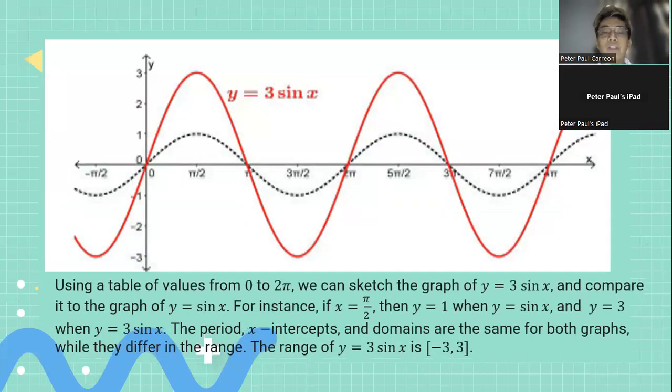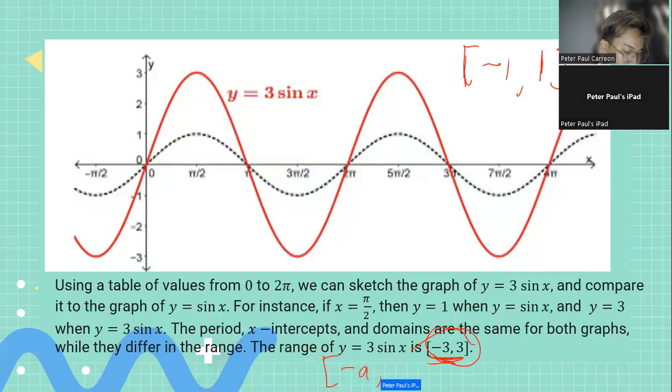So, using the table of values from 0 to 2 pi, mapapansin nyo na yung dati, yung range of values natin is from -1 to 1. Ngayon, pag naglagay tayo ng coefficient na a dun sa tabi ng sine x function, ang range nyo ay magiging -a to a.